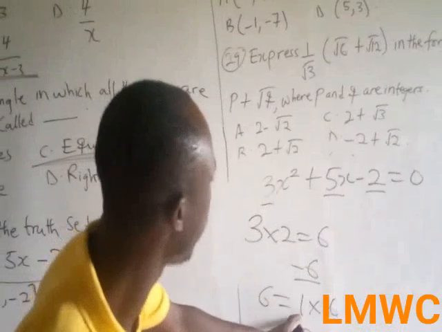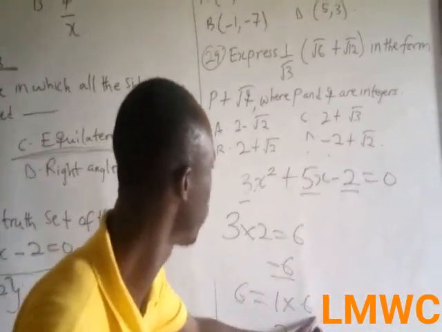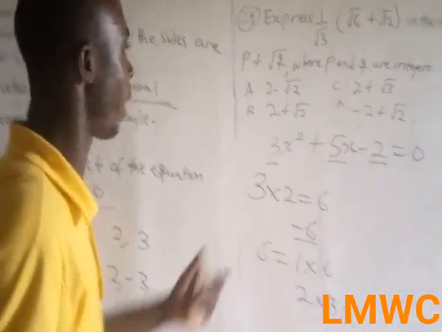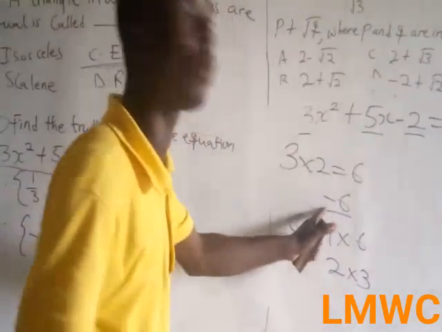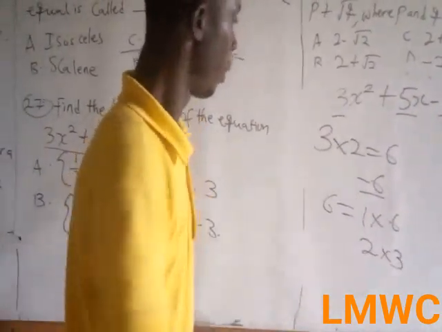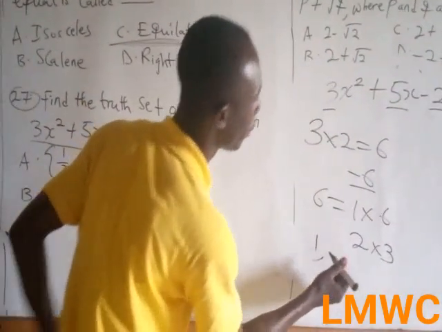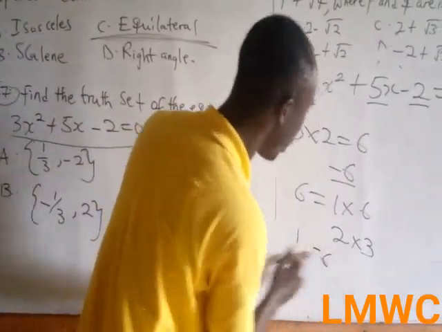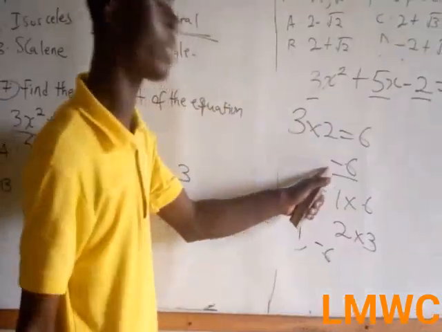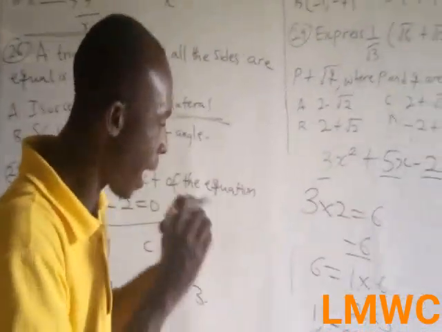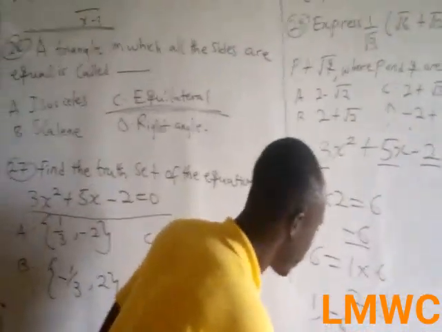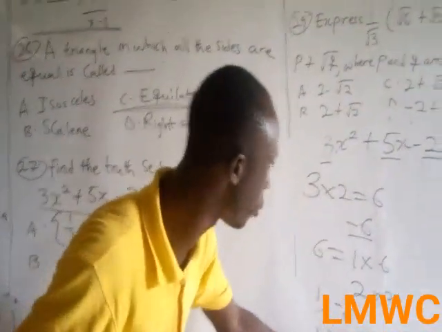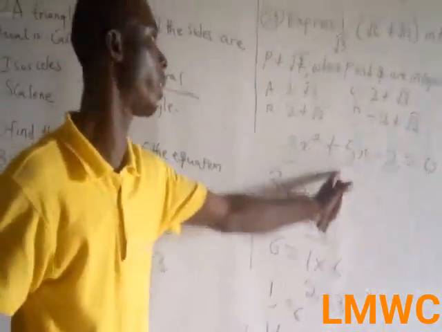So once you take 1 and 6, you get positive 6. But we need negative 6. So let me negate: 1 times negative 6, we are now getting negative 6. But let's add it. 1 plus negative 6. You owe someone 6, you went and paid 1. It's left with negative 5.